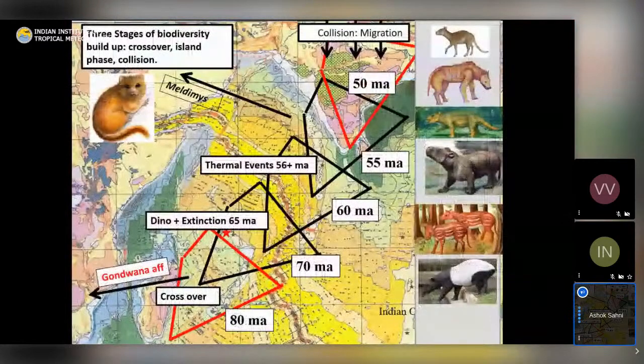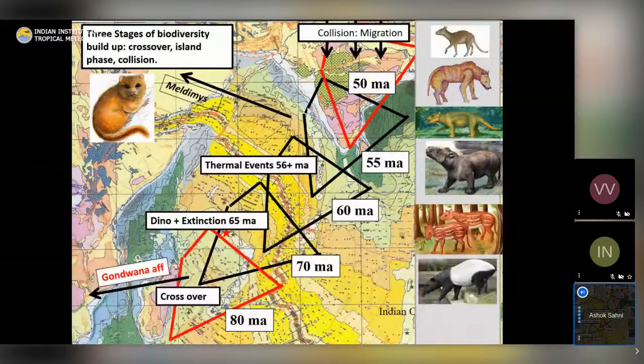So this is slightly complicated. I've purposely kept it complicated. It's complicated because I've shown what the sea floor looked like. If you look at this line here, the purple line here, this basically marks the separation of India and Madagascar.